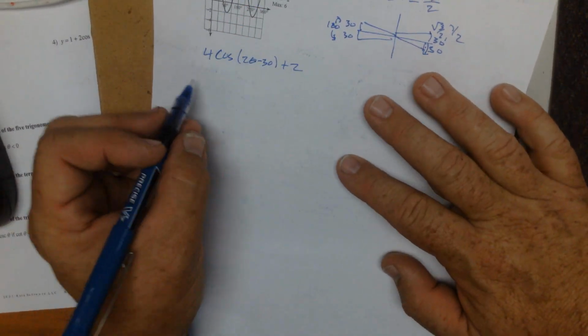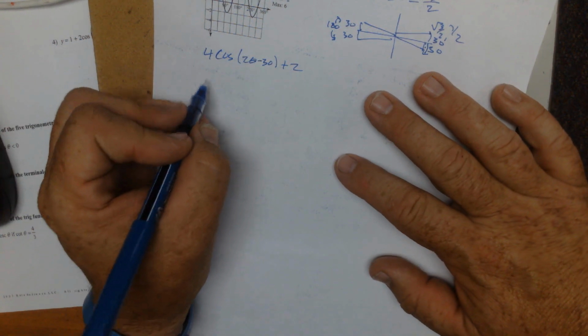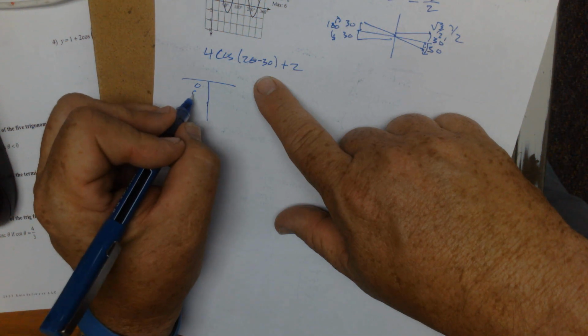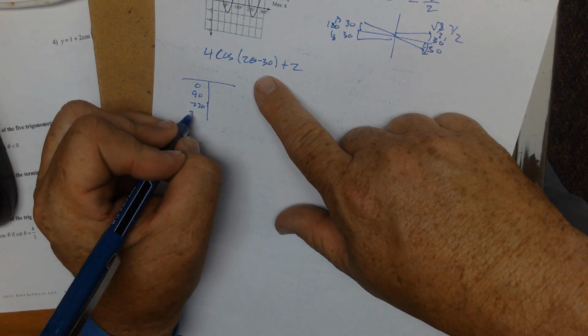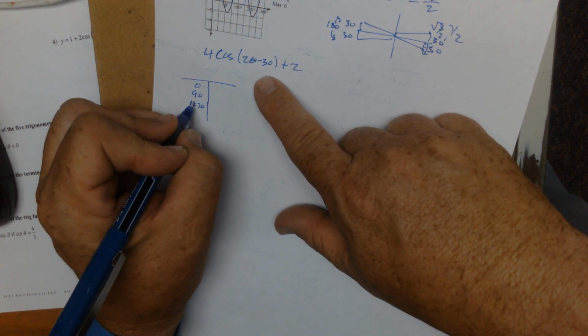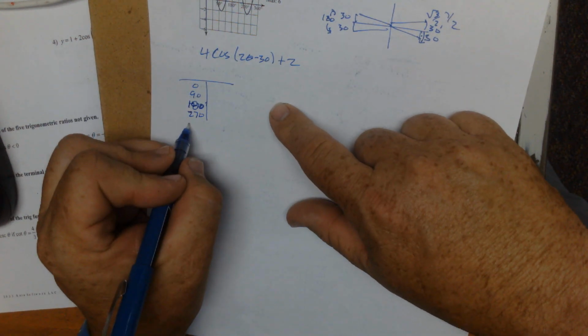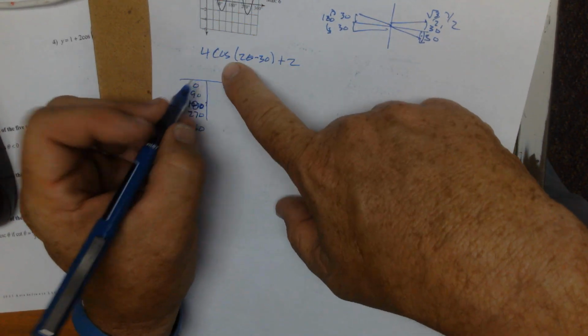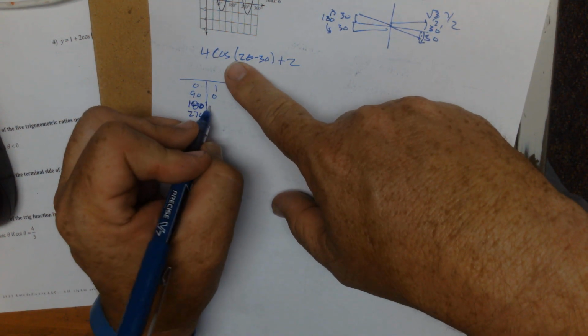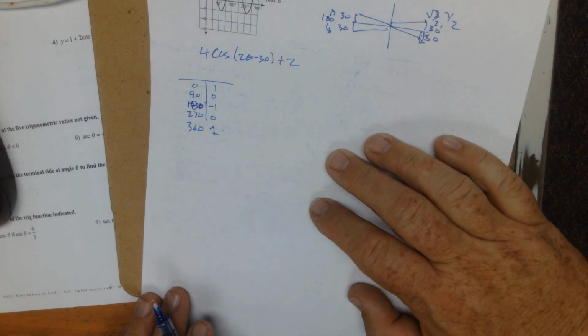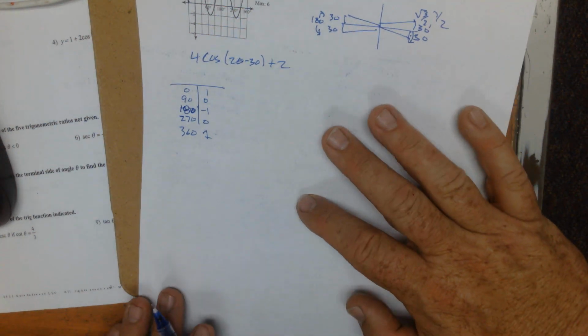So let's look at this here. So we've got this piece here. So I need to use my points, 0, 90, 180, 270 and 360. Sorry about that, guys. It's cosine, so start at 1, go to 0, down to -1, go to 0, back to 1. So I've got my 1s ready to go.